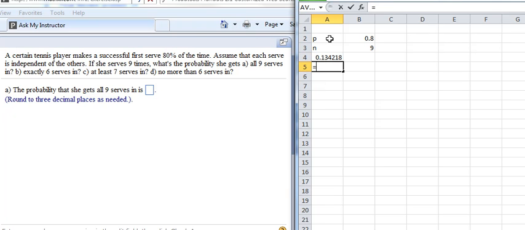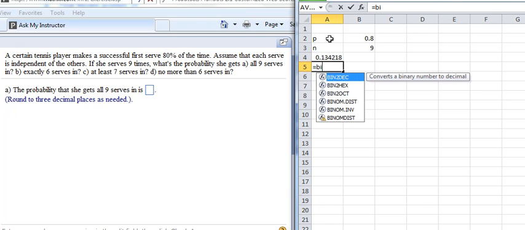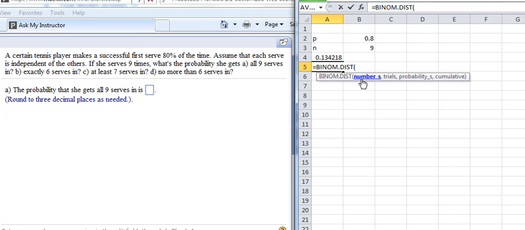Now, another way you could do that is with the binomial distribution, because we're going to be using that later on, so we'll go ahead and go over that. The big thing to understand is how you want to use this function. This binomial distribution will return the probability either at the moment or as an accumulation of particular trials.